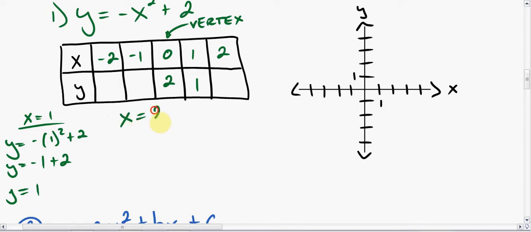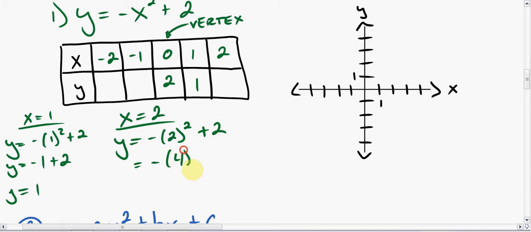Now I'll plug in x equals 2, so we see y equals the opposite of 2 squared plus 2. So it's the opposite of 4 plus 2. Negative 4 plus 2 is negative 2. So I found the two values to the right.